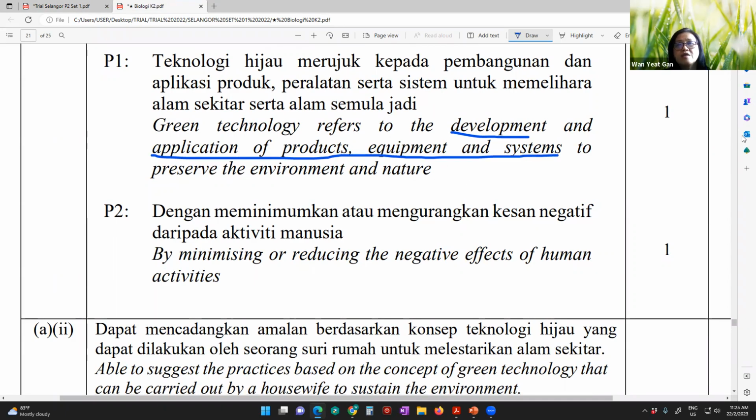It is referring to the whole entire thing: the product you're producing, the equipment that you're using to produce the product, and the whole system that is involved in the production of the product must be geared towards preserving the environment and nature, and if possible, have no negative effects on human activities. There is no side effect that will cause negative impact on the environment or on humans. Okay, so that is green technology.